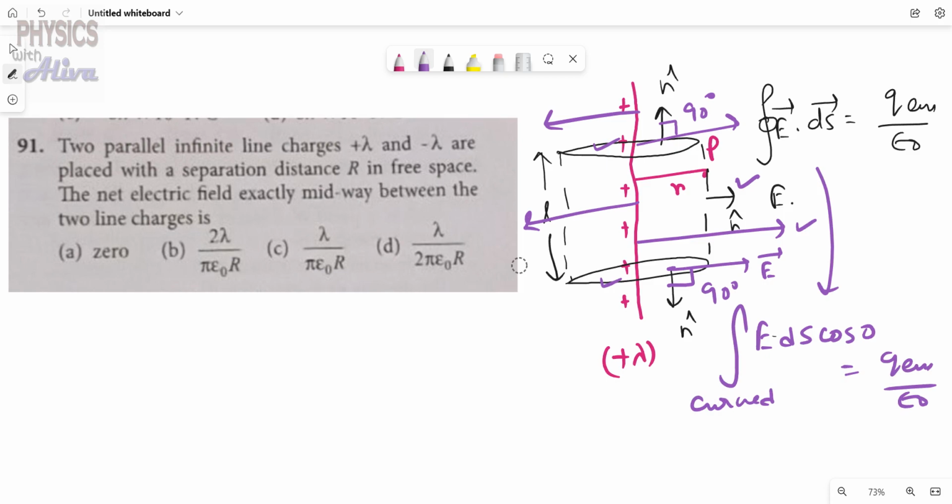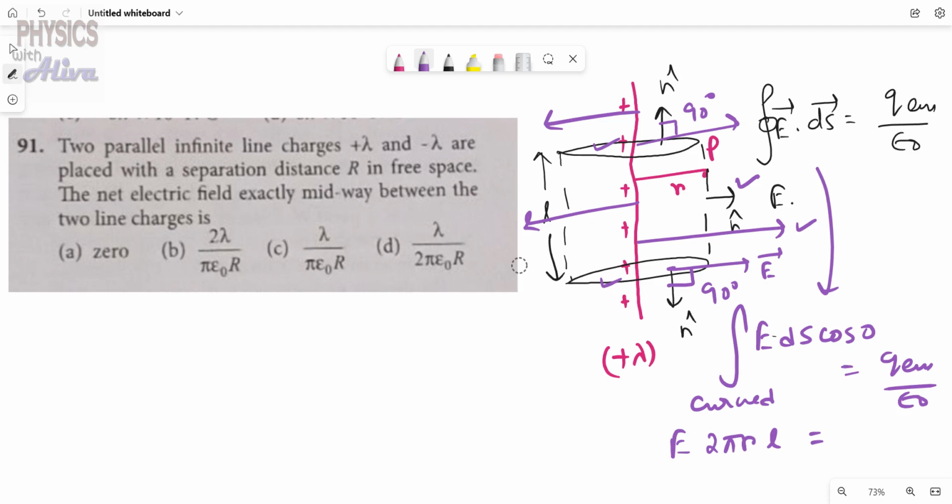Here the integral of ds is the total surface area of the Gaussian surface. The surface area of this cylinder is 2 pi r l. So E times 2 pi r l times cos 0, which is 1, is equal to q enclosed.